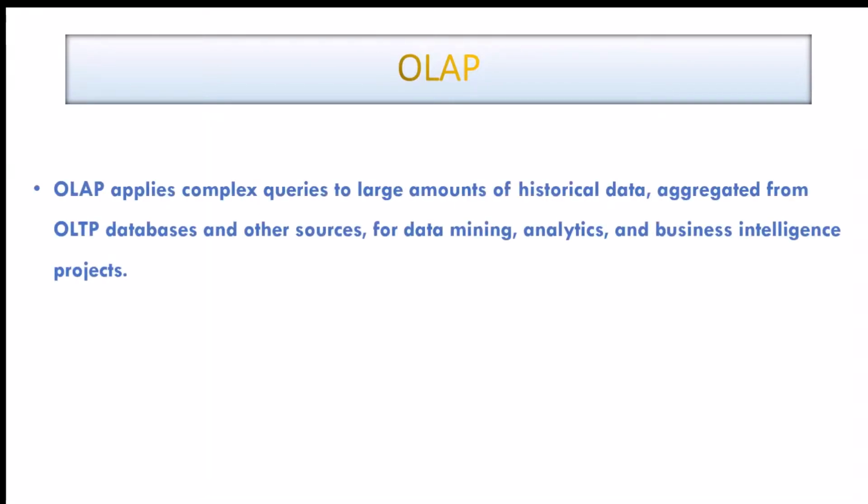OLAP applies complex queries to large amounts of historical data aggregated from OLTP databases and other sources for data mining, analytics, and business intelligence projects. We already discussed that during the ETL process, the data can be merged and aggregated.